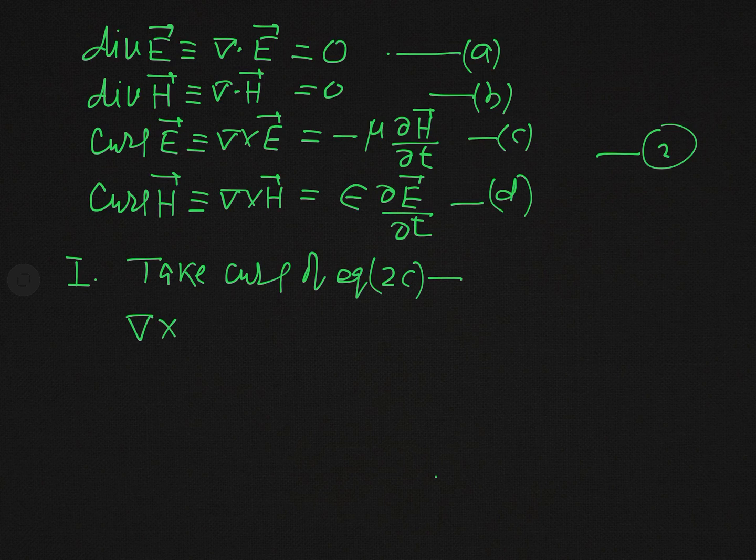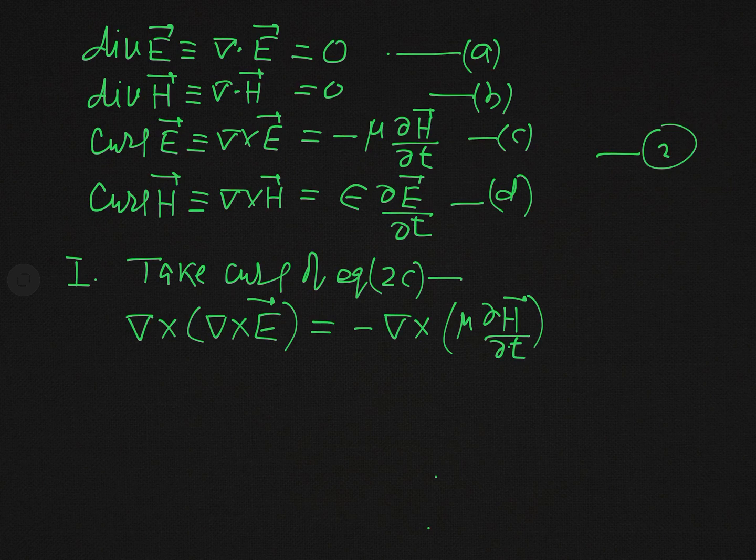So this will be simply del cross del cross E, and this is minus del cross mu into del H by del T.